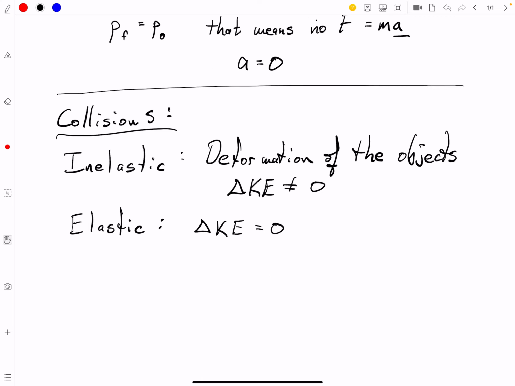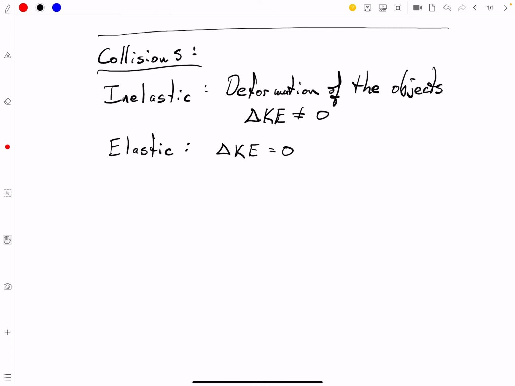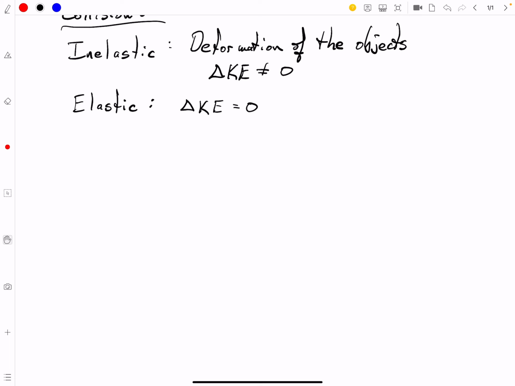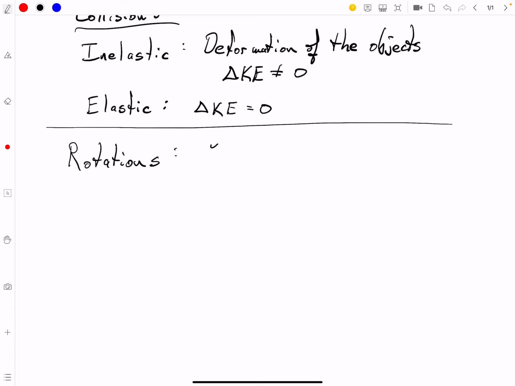So we're going to move next to rotations again, slightly. Rotation, because the rotational equivalent of a force is torque.